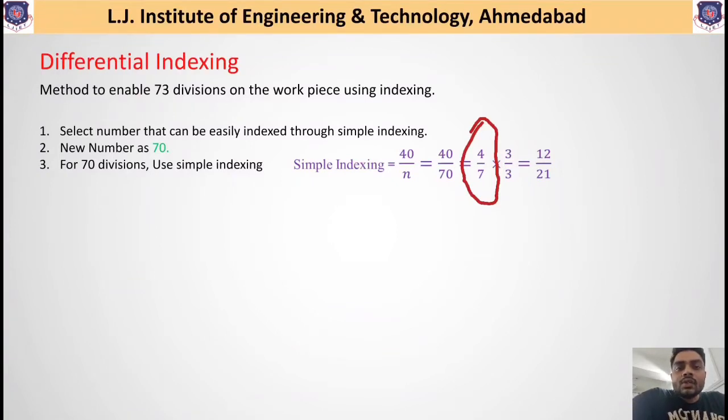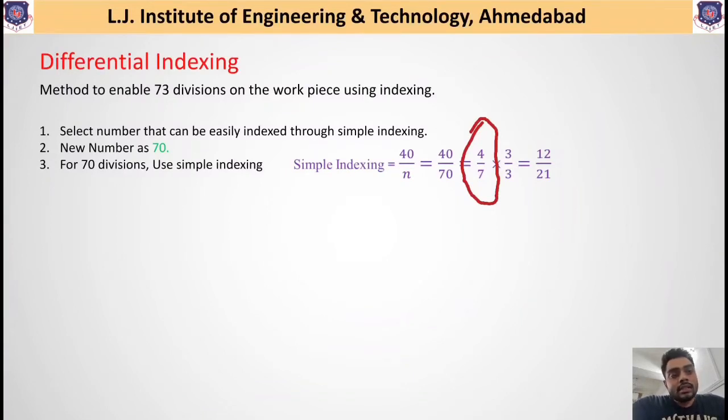As we know, in the universal dividing head only Brown and Sharpe standard indexing plates are used. If you recall, is there any indexing plate with 7 holes? No, there is no plate with 7 holes available. That means we need to convert this fraction into a number which can be obtained on the indexing plate.